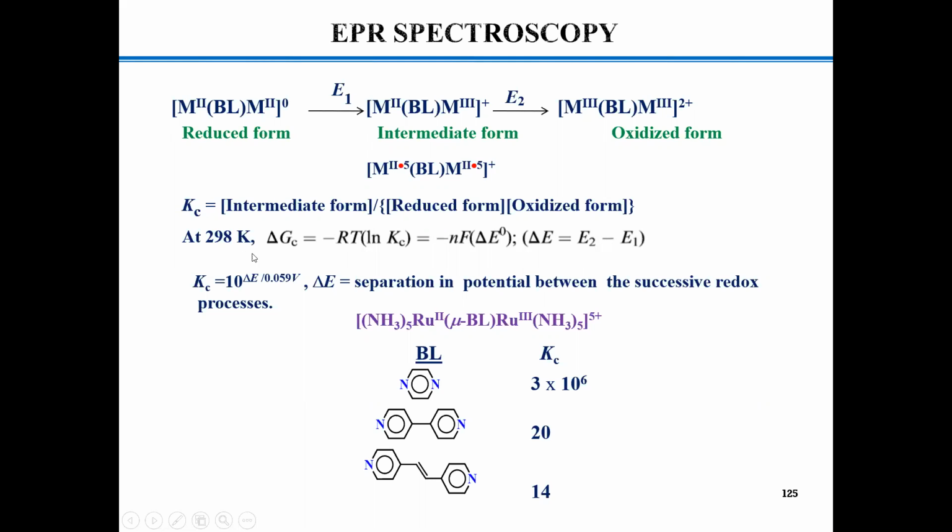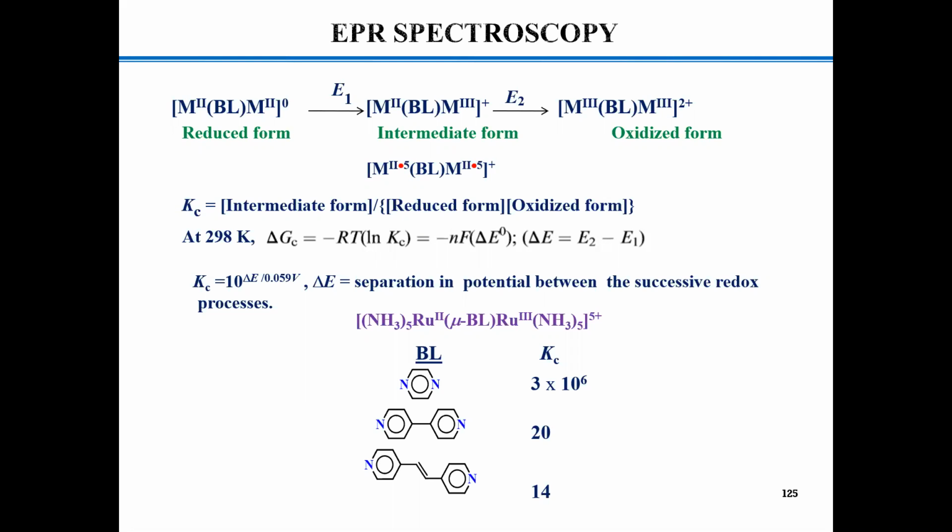So eventually, if you use this equation, delta G, this into the Nernst equation, where delta E means E2 minus E1. Okay. And then you can have your Kc equal to 10 to the power delta E by, this is the Nernst equation, 0.059 volt. And it is very easy to calculate delta E by electrochemistry experiment. So you would be getting the Kc value.